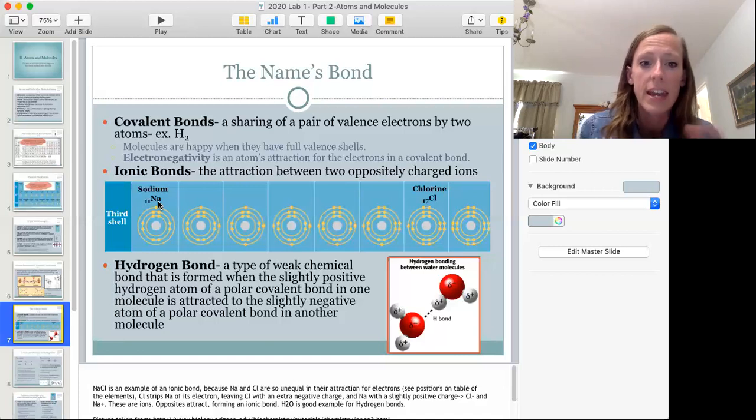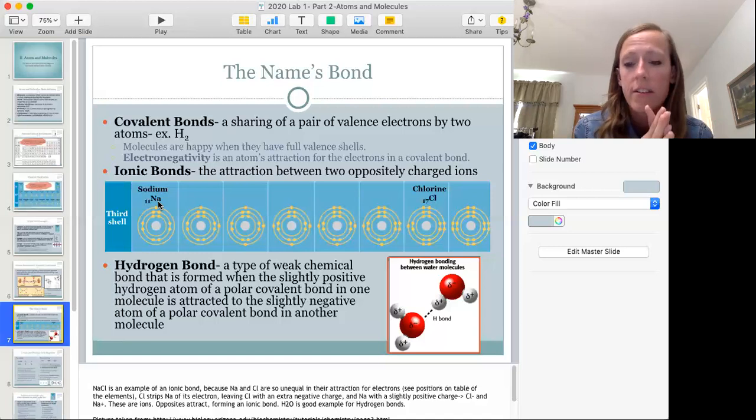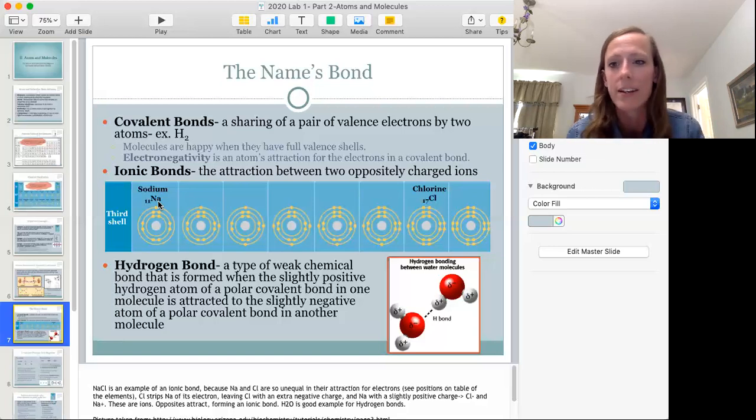And then that negative and positive, they're 2 opposite charges, they attract, okay? So it's a different type of bond. It's the attraction between the negative and the positively charged ion because one has already gained or lost their valence electrons.